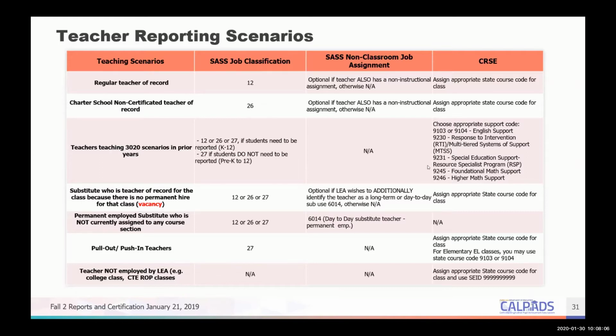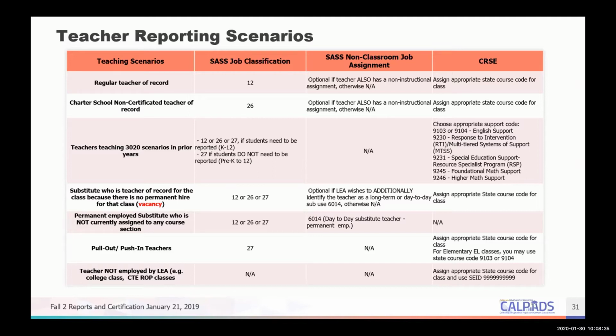And then let's say you have a PE teacher who is itinerant. How do you report that now, Nate? Well, I would pick the correct PE course code, and I think there's been identification by grade level, which is the correct PE course code, but I would still use a 27 to identify that teacher as an itinerant teacher providing pull-in, push-out support, and then I would pick a PE course code.